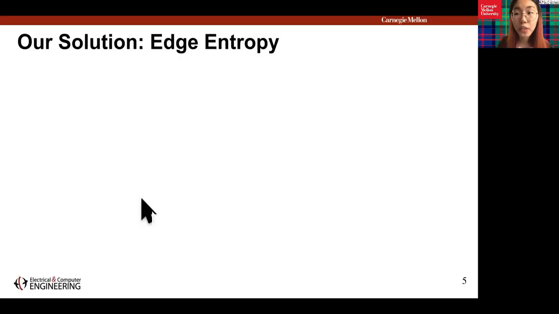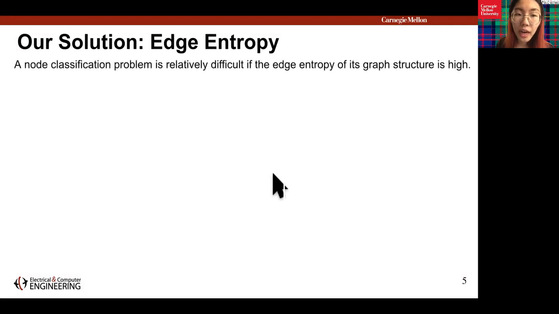So our solution to the research problem we formulated is based on this intuition, and we call it edge entropy. I'm going to formally define it here. We say a node classification problem is relatively difficult if the edge entropy of its graph structure is relatively high.